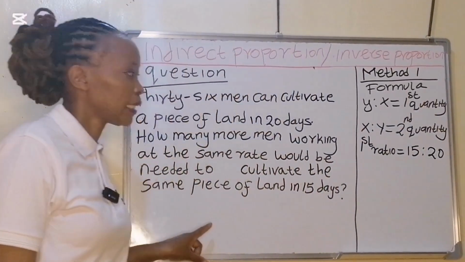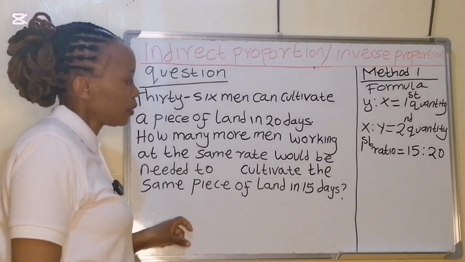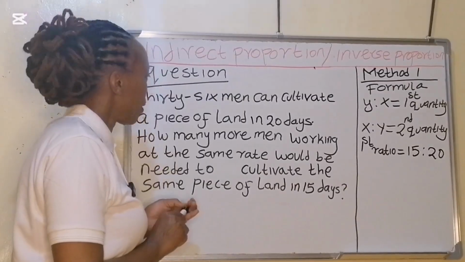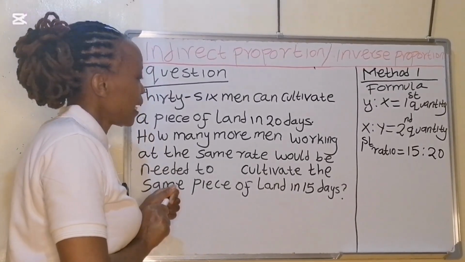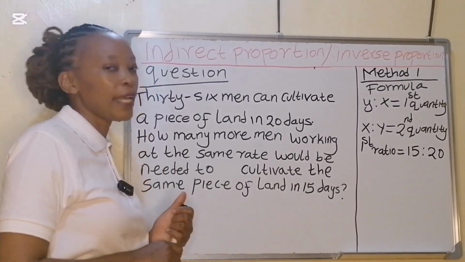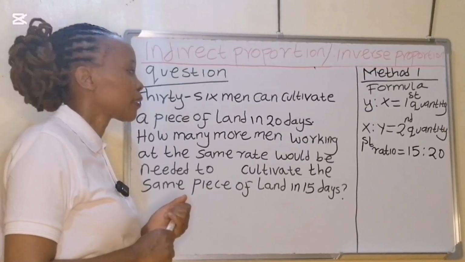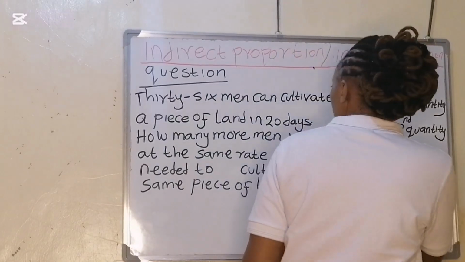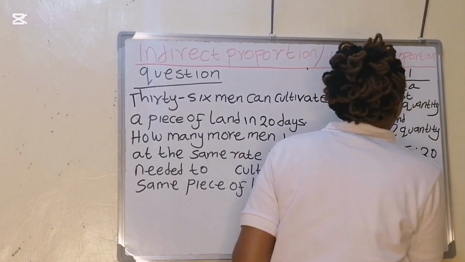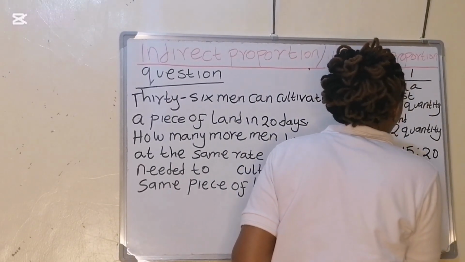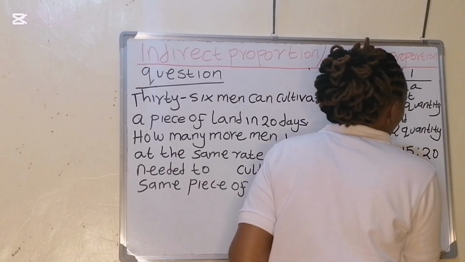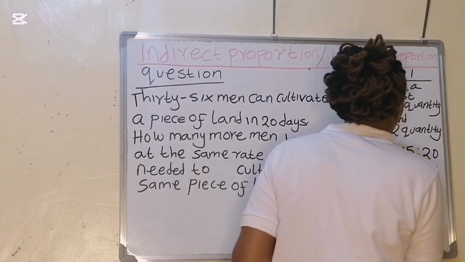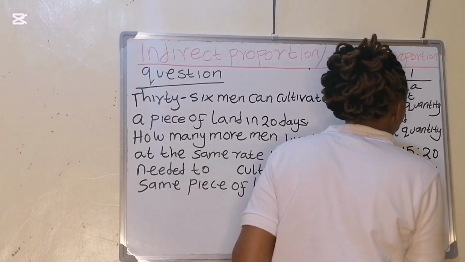That's the first ratio. The number of days has decreased from 20 days to 15 days. It means the number of men will increase. So the first ratio is the number of days, and it is a decreasing ratio.